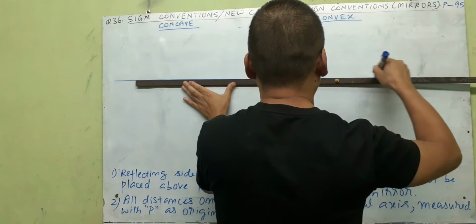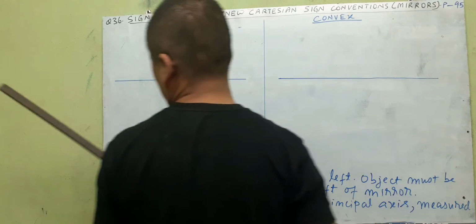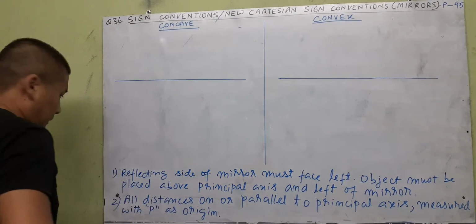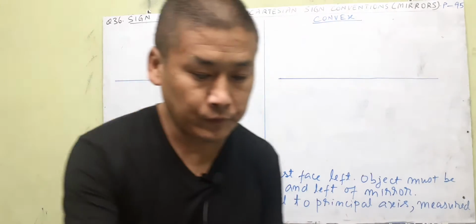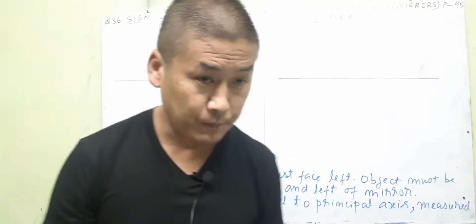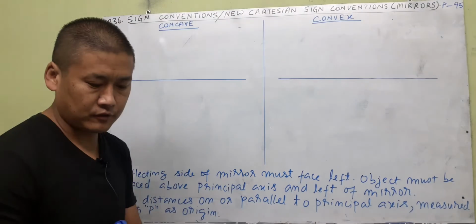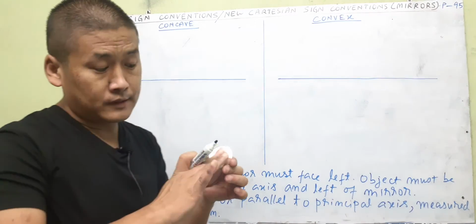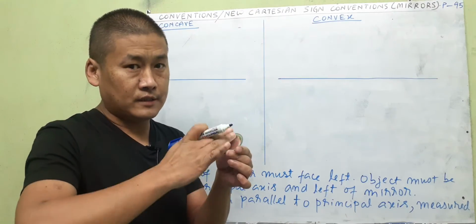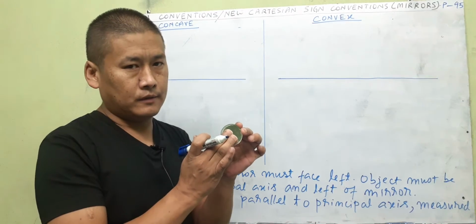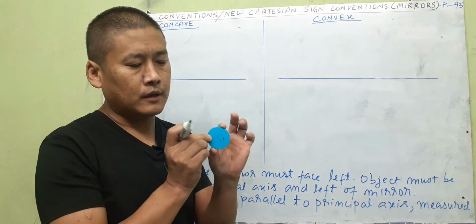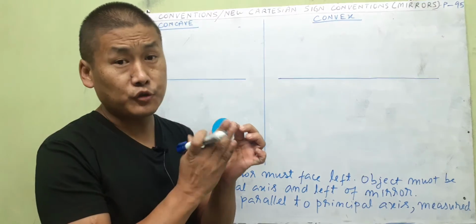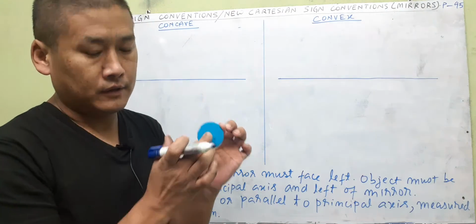By now we know how to draw the concave mirror, and I am keeping a concave and a convex mirror here to help us understand. This is concave, like the inside of a spoon, where the carving inside is the reflecting surface, and this blue side, from where you can't see your face, is the non-reflecting surface.